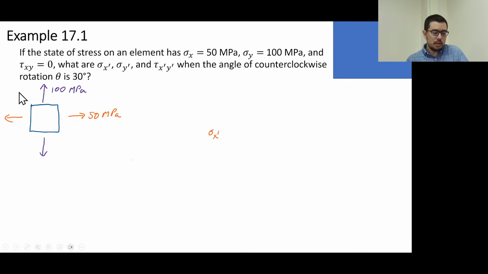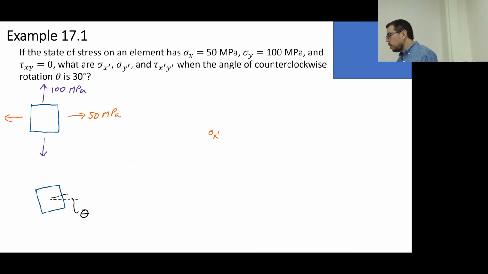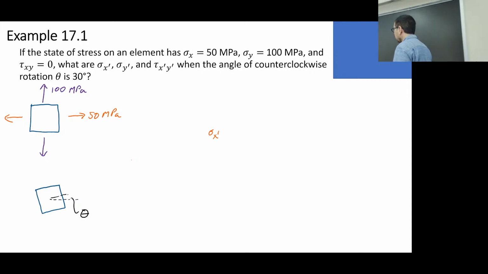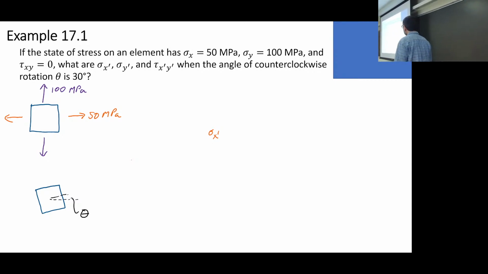Okay, so this is the state of stress that we have originally. The state of stress that we're going for is with a rotation of theta equals 30 degrees. In reality, you don't worry about drawing exactly 30 degrees. Just put a theta in there, okay?